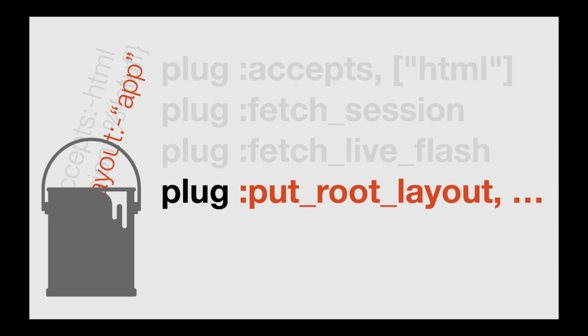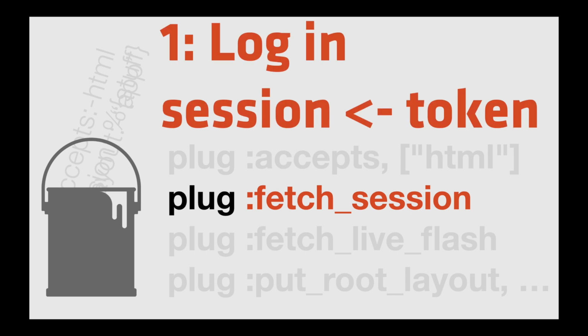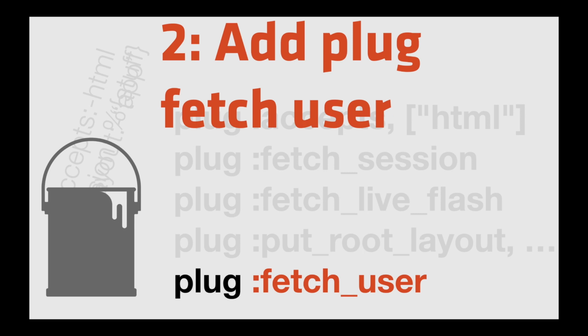Okay, so our plan is that you notice there's this thing called fetch session. One of the things we have to do is add some type of token that we can use to look up a user, something that's safe from a security standpoint, and we need to add that to the session. And then we need to add a plug to the bottom of this browser policy, something that looks up the user.